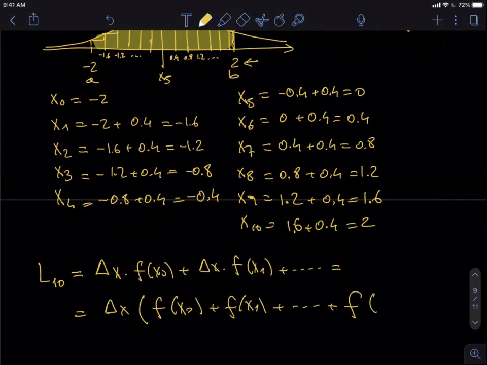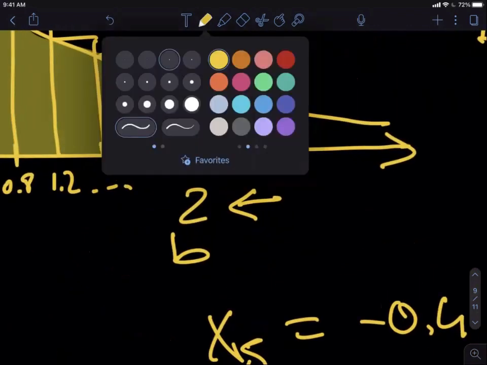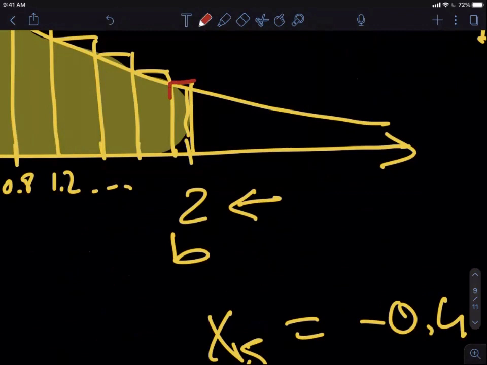And here you may not be sure if you should write x10 or x9. I tell you it's x9. You just need to look at the picture and say, okay, the height of the last rectangle, this one here, is the point on the left, which is x9.